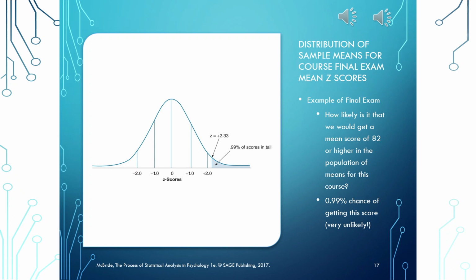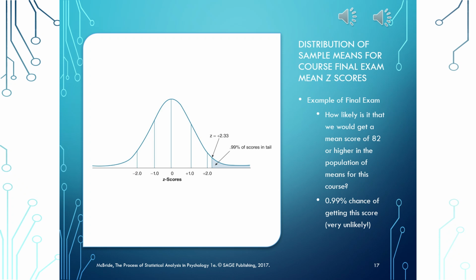And if we plot that on this standard normal distribution, what percentage of the data points would be at 2.33 standard deviations or above the mean? It turns out that 0.99% of scores would fall into that dinky tail, which includes everything at or above 2.33 standard deviations. This is less than 1% of all of the data in this entire distribution.